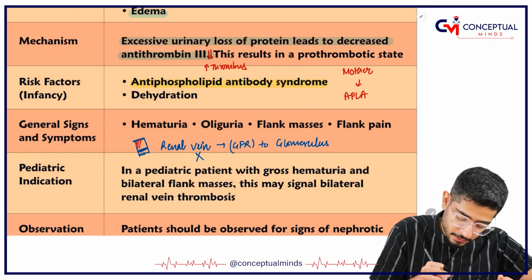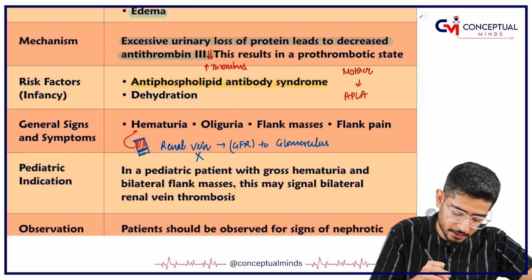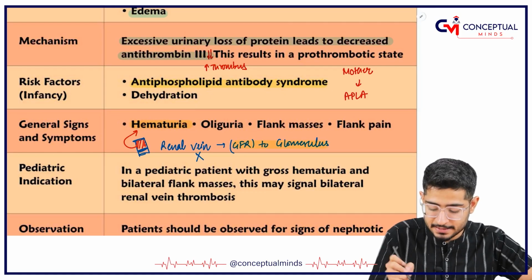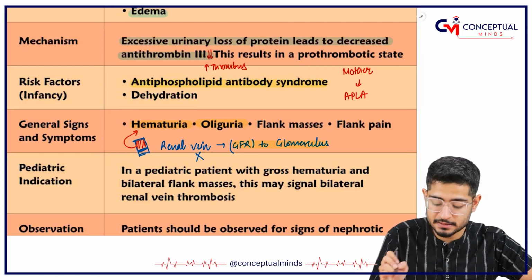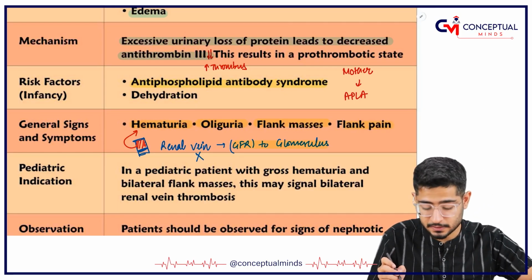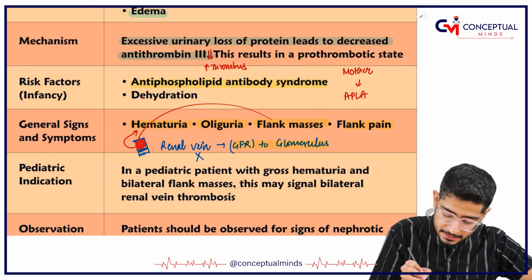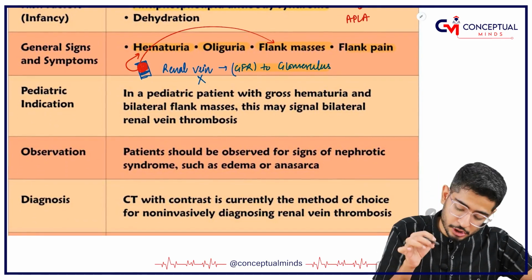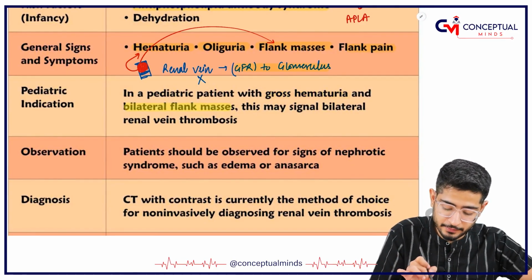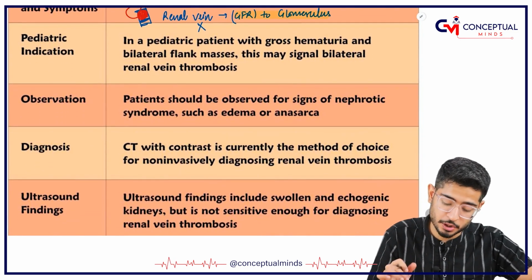A lot of blood is going to accumulate, and that may produce hematuria. And because there is very little GFR going to the glomerulus, there is going to be oliguria. Of course, there will also be flank mass and flank pain, because there is a lot of blood here, which presents as a flank mass. So in a pediatric patient with gross hematuria and bilateral flank masses, this may signal bilateral renal vein thrombosis.